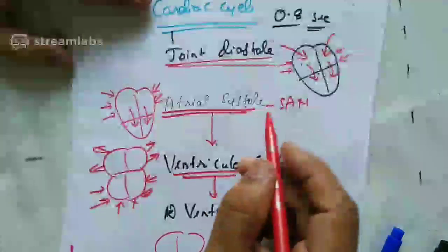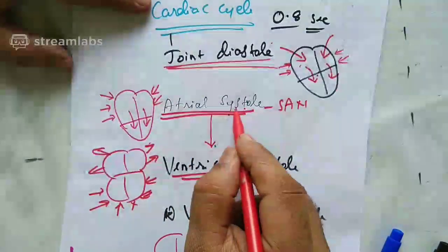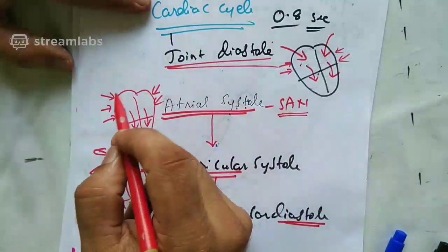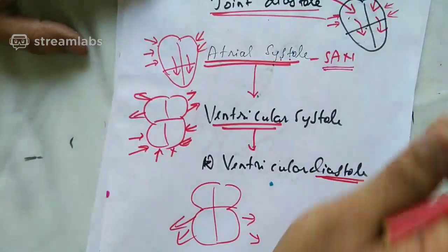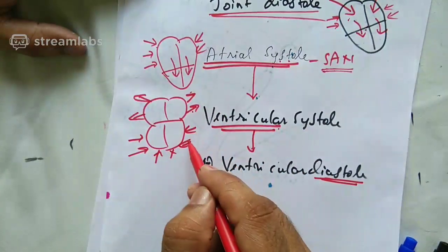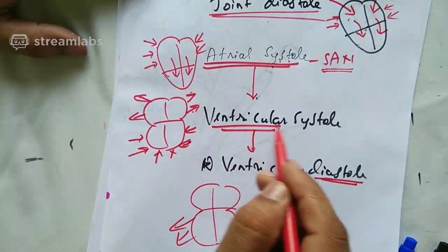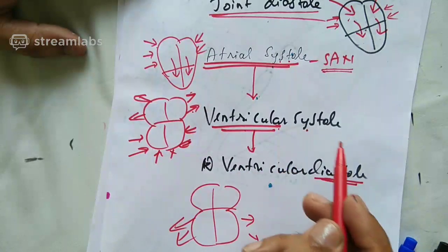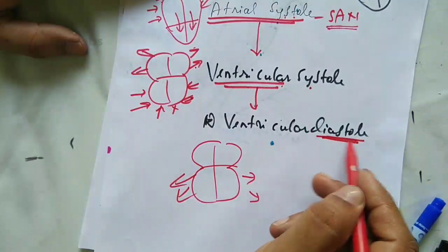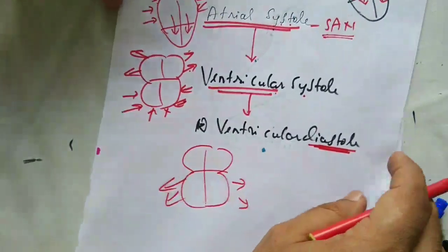Atrial systole, why? Because here atria starts contracting because of SAN, sinoatrial node propagation. So atria is contracting. Why ventricular systole? Atria is relaxing, but ventricle is contracting. It's called ventricular systole. Clear? After ventricular systole, when the ventricle is relaxing, it's called ventricular diastole. Hope the matter is very clear for you.